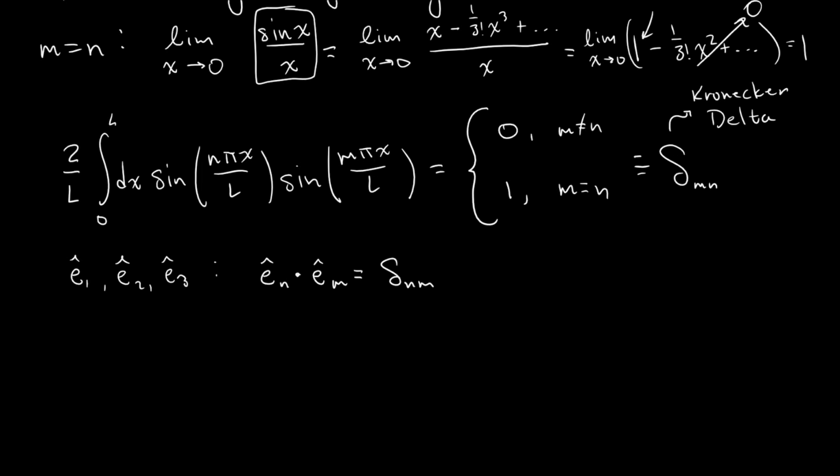So we see that this is all very much analogous. We can think of a space of all solutions of this wave equation with fixed endpoints, and it's given by a linear combination of these basis functions, these sines of n pi x over L.